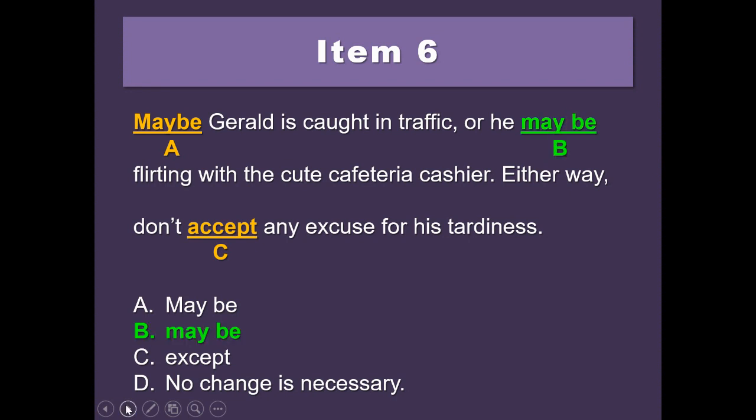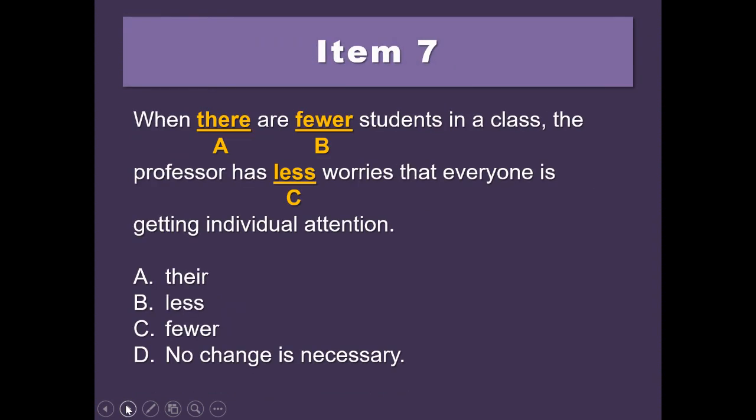Maybe Gerald is caught in the traffic, or he may be. That one's one of those tricky ones. Okay, I'll give you that one. Number 7, when there are fewer students in the class, the professor has less worries than everyone is getting individual attention. Choose the correct answer, and it should be fewer worries rather than less.